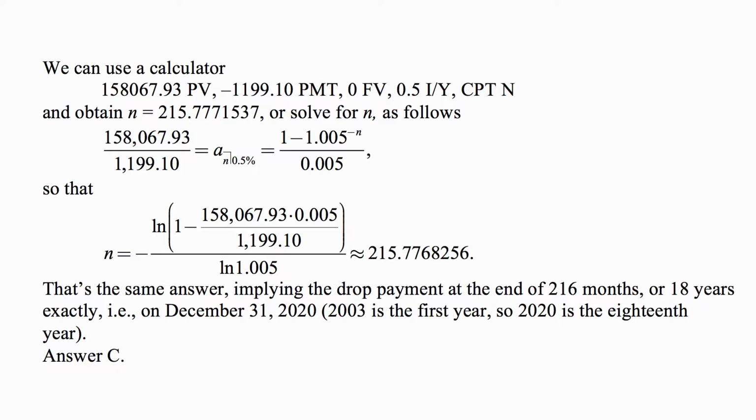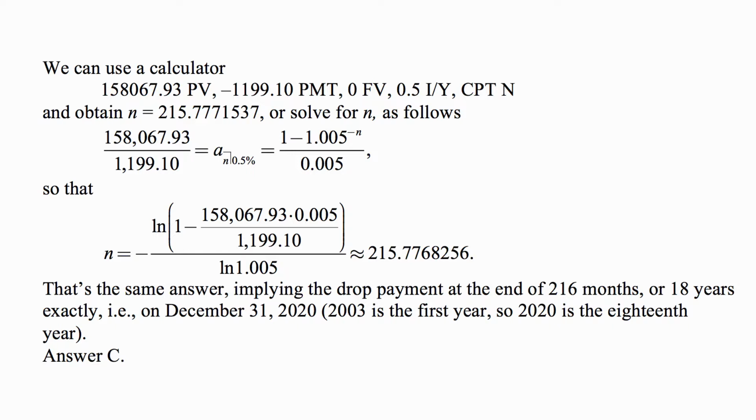Remember, the calculator wants you to enter 5% as just 5 and 0.5% as 0.5. And compute N. You give it as the job to the calculator. Then you'll obtain N equal to 215.7771537.